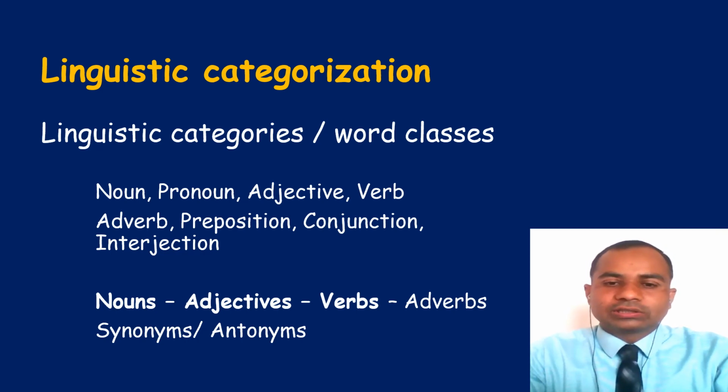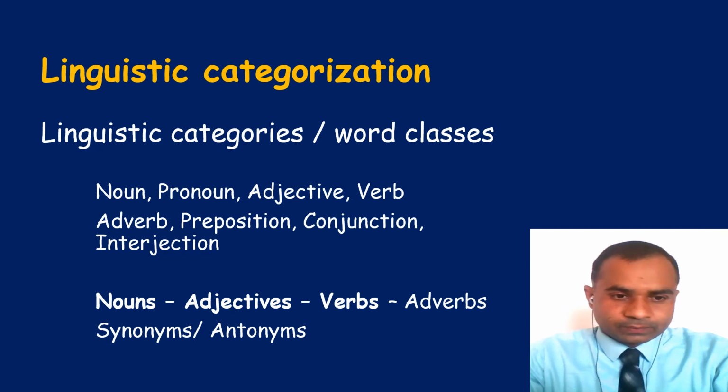And conjunctions you are well known of, like and, which combine two words or two phrases or two clauses or two sentences. So words like and are conjunctions. And interjections are related to your emotions, we convey our emotions with these words.